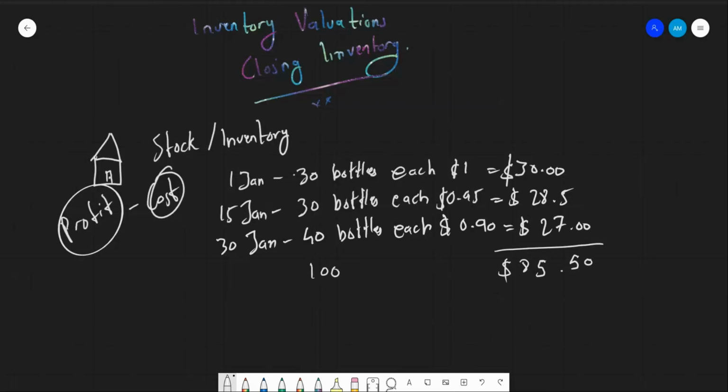So in this sense, we have 100 bottles for 85.5, right? And if you do the math, each bottle would then become, how much would it be if you divide this by 100? So it'll be 0.855, right?